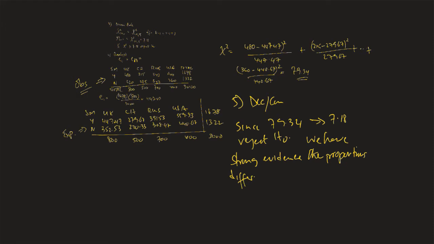Now, if we wanted to find the p-value, the p-value would be the probability of chi-squared greater than or equal to 79.34. To get that value, we have to look under the 3 degrees of freedom and try to find 79.34. You're not going to find it. So we will basically have to use the smallest value that we have.